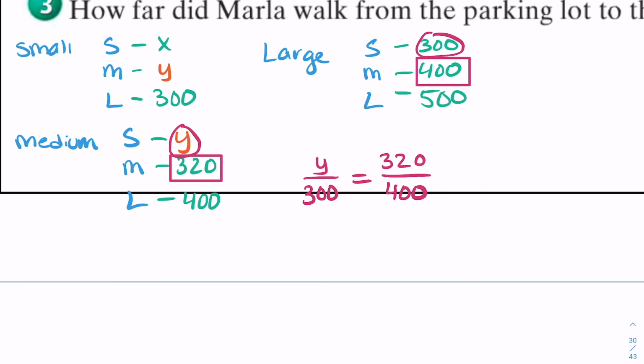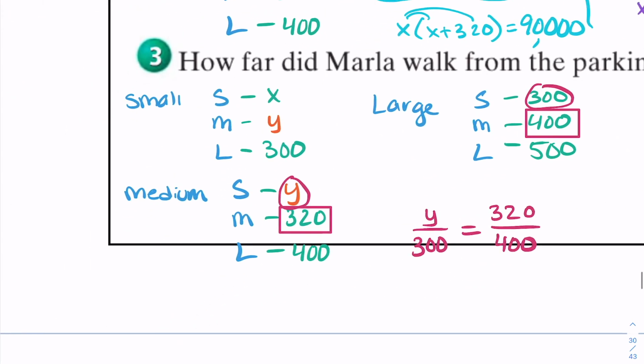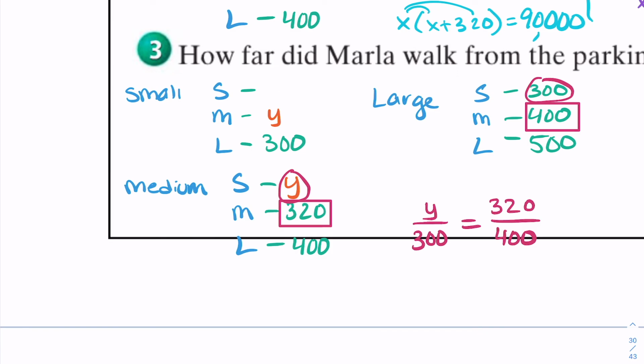Oh, and don't forget, this x we already know is, what did we get? We got 180. So we can change this one now to 180. Okay, so I could have done the small. I would have ended up with y squared if I did that, and it would have been actually pretty quick to solve that one.